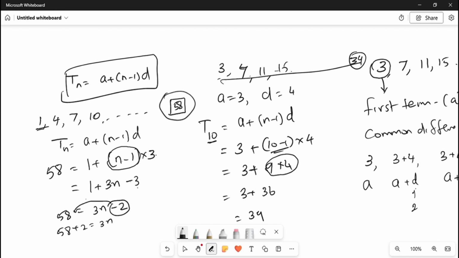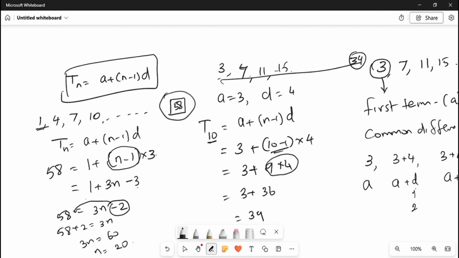Therefore, 3n equals 60, divide by 3, n equals 20. The 20th term. So if you want to find the position of a number in the number pattern, this is the method. Use the formula again. Here, what you have to find is the position, n.